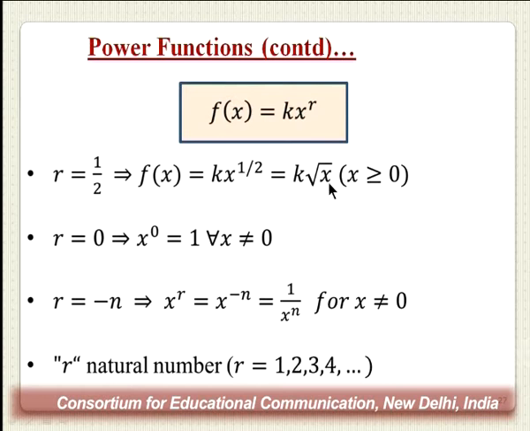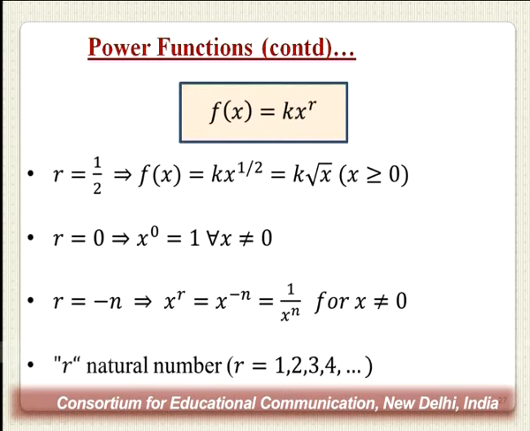Now what happens here is that you can't take the square root of a negative number. So we have to restrict x to be greater than or equal to 0. So we can't take negative values of x. Similarly, if r is equal to 0, then what do we get? Our function becomes f of x equal to k.